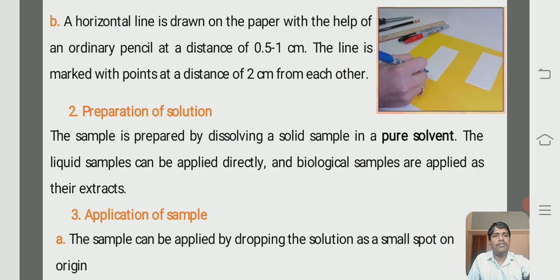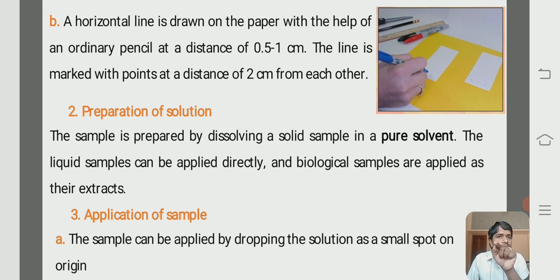A horizontal line is drawn on the paper at the bottom with the help of a pencil at a distance of 0.5 to 1 centimeter from the bottom. The line is marked with points at a distance of around 1 to 2 centimeter from each other.